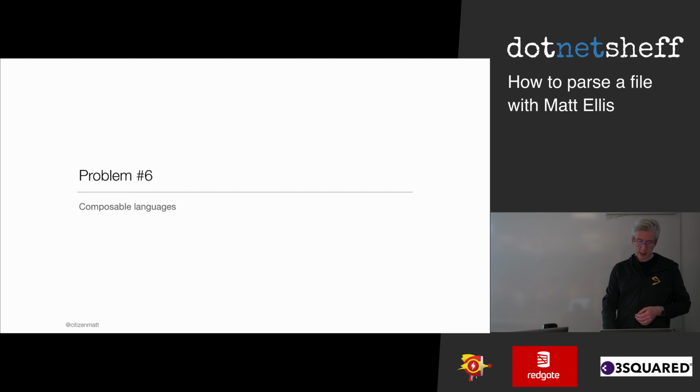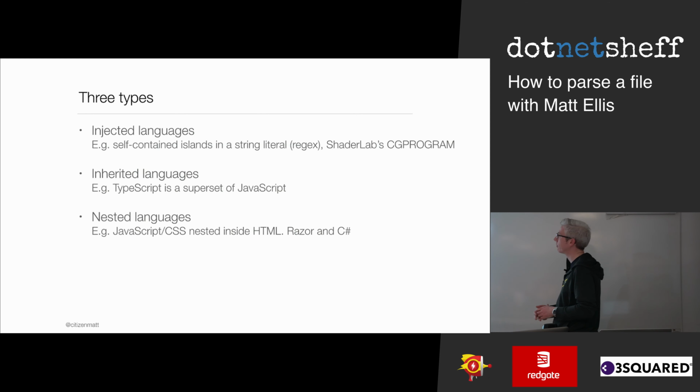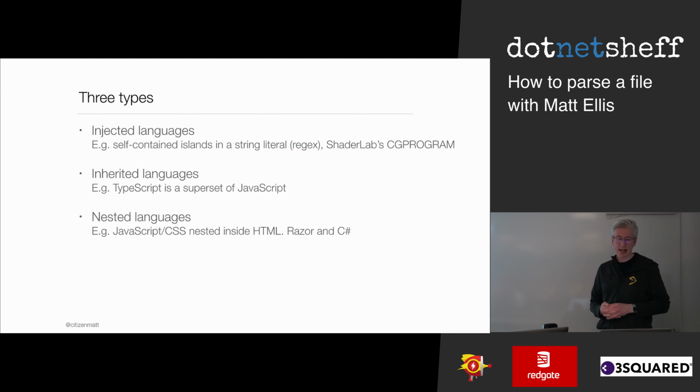A really cool thing you can do with an IDE, once you're parsing and doing stuff, is composable languages. So you can have things like an injected language. With ShaderLab, for example, that CG program block is a different language in there. When I'm parsing it for ShaderLab, I just have a big opaque block of CG, basically.